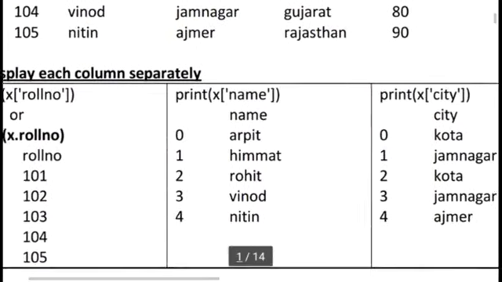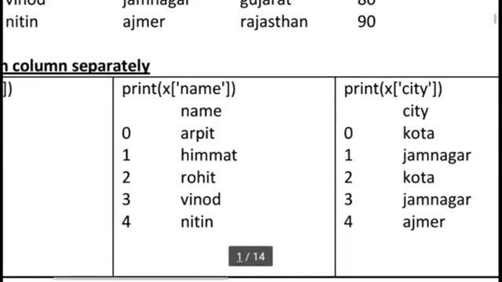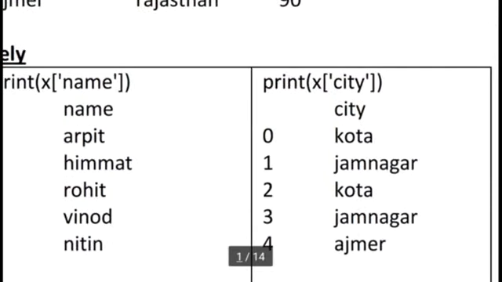Suppose I want to display another column. The same thing we can use: x in square brackets with name, because name is our key, or we can say I want to display the name column. So here the name key and all its values, but in our language we can say I want to display only the name column. Or suppose I want to display the city column, so here I am using x in square brackets and single quotes city.